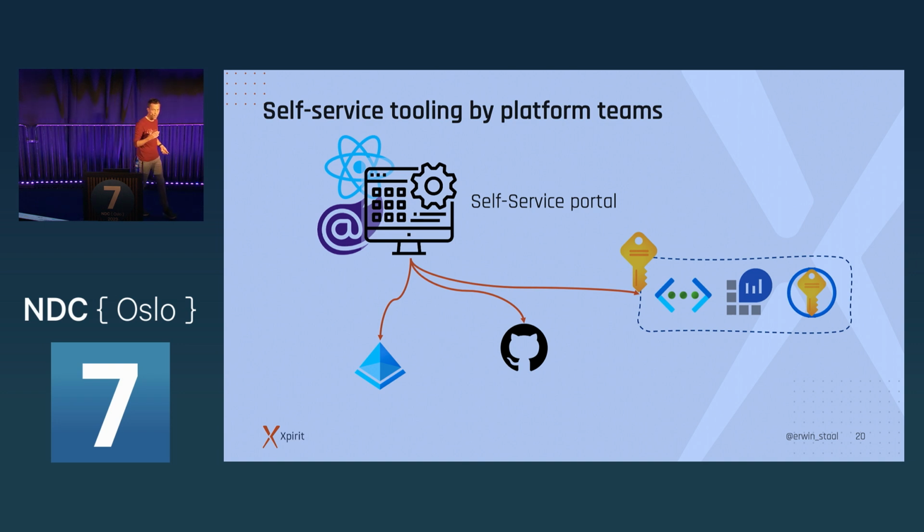And what we see happening is that people start building UIs in their favorite UI language, like Blazor or whatever you want to use there, and then start creating and configuring all these different systems from that application, building their own custom workflows, and managing stuff in GitHub, in Azure DevOps, creating basic infrastructure in Azure just to quickly get a new team up to speed and get them going. And that is something that we can easily do with Pulumi.